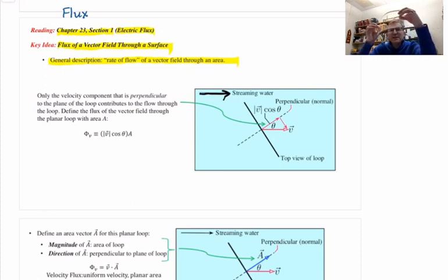And now imagine that I insert this frame straight down, well, vertically down, into the flowing water. So that the flowing water can go through this hole. Okay? Now this frame has some area A that it encloses, and it's through that area that the water can flow. And I can control what angle I hold this frame relative to the flow direction.